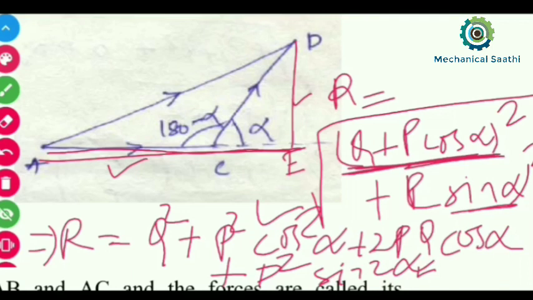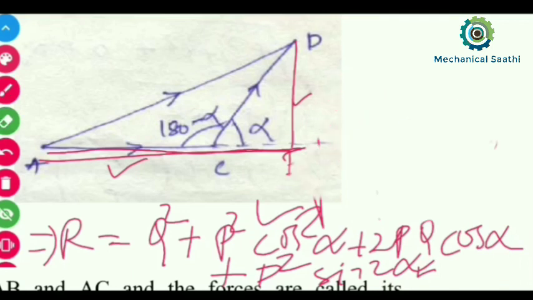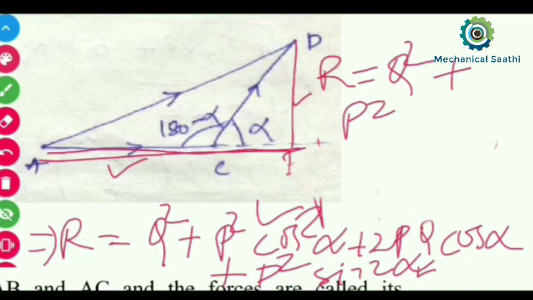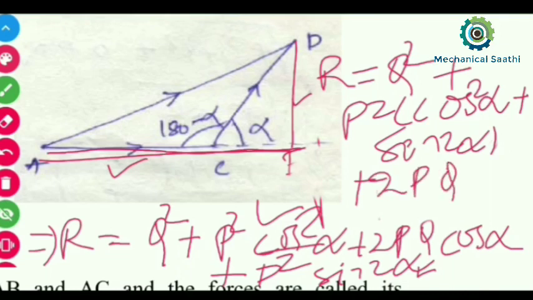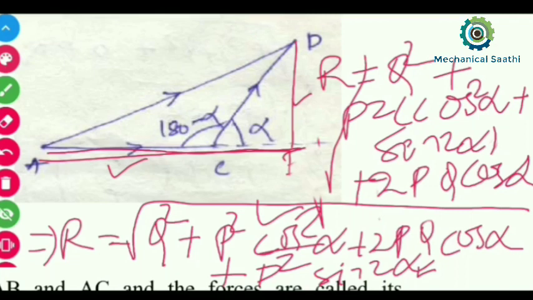So R equals the square root of Q square plus P square times (cos square alpha plus sin square alpha) plus 2PQ cos alpha.